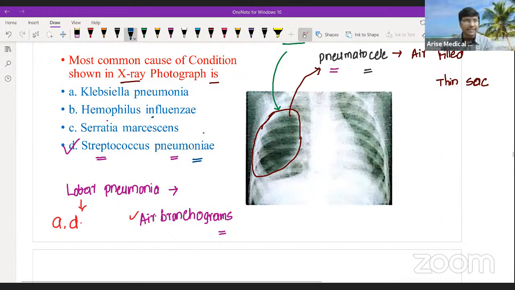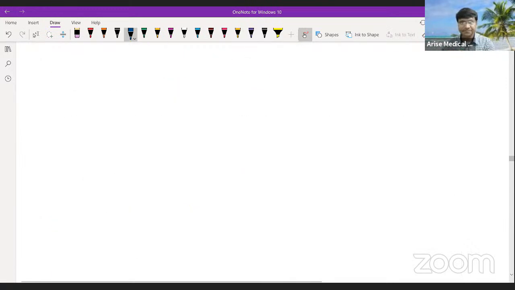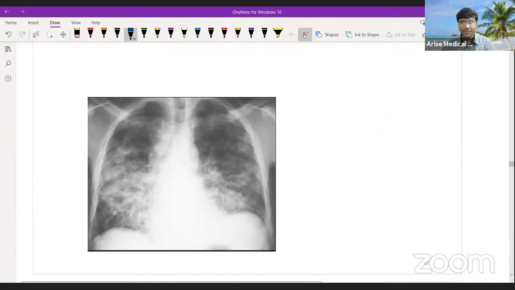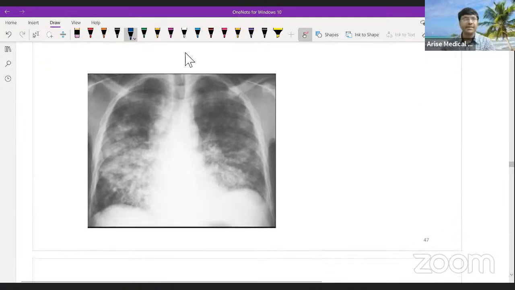Then, followed by that, you see the next X-ray or next image. Can anyone tell me what are the findings of this particular chest X-ray?